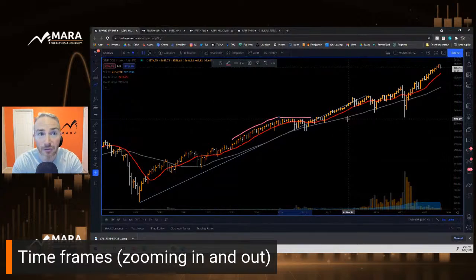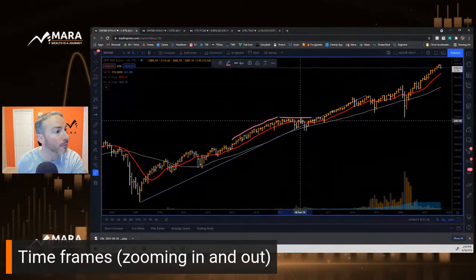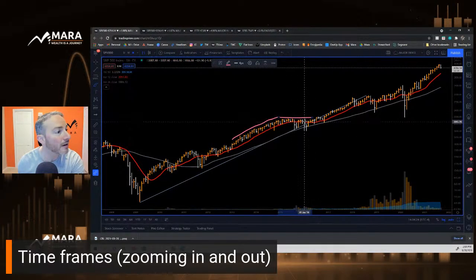That's a moving average. And we're looking at a monthly chart here. You could look at any time frame that you want, but this is the power of looking at moving averages. Moving averages will help tell you if you're moving up, down, sideways simply by looking at how it's flattening out over here, right?